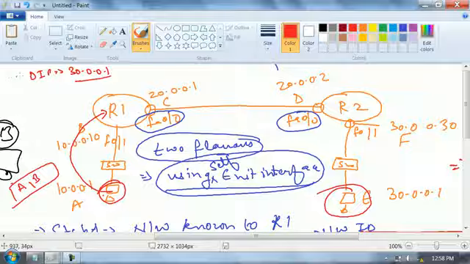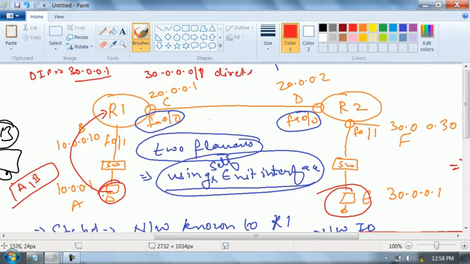But R1 has information in its routing table that 30.0.0.0/8 is directly connected via which interface? Now what will R1 think? That 30's network is directly connected to me. Agree or not? Source IP is 10.0.0.1. Destination IP is 30.0.0.1.